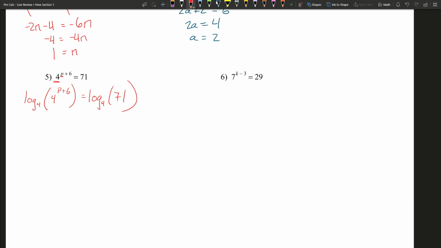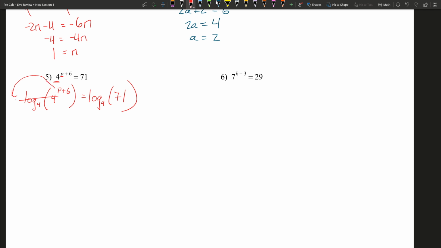That's like multiplying by a fraction or adding a negative. They undo one another. So when we do that, this log base 4 and this 4 cancel. And according to the power property, this p plus 6 really comes out front.